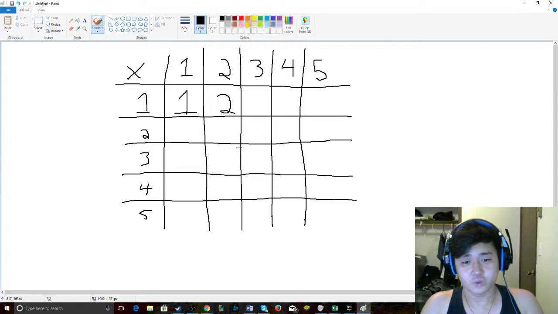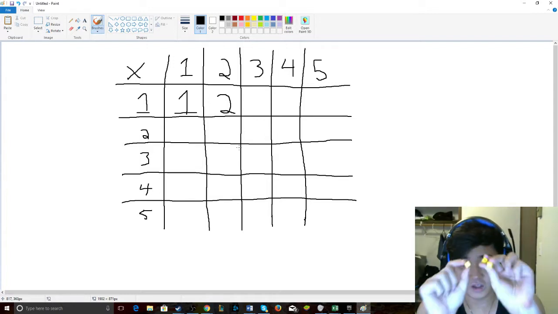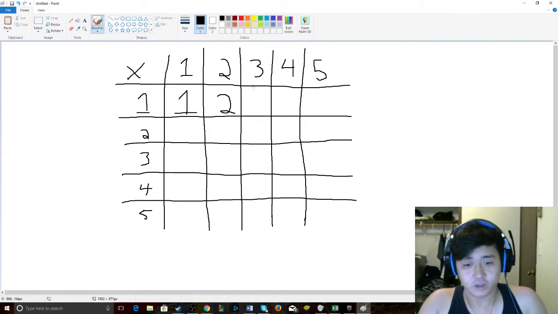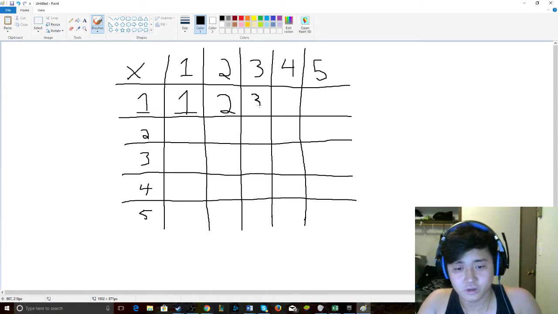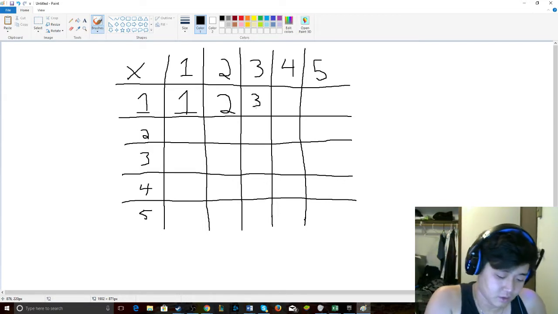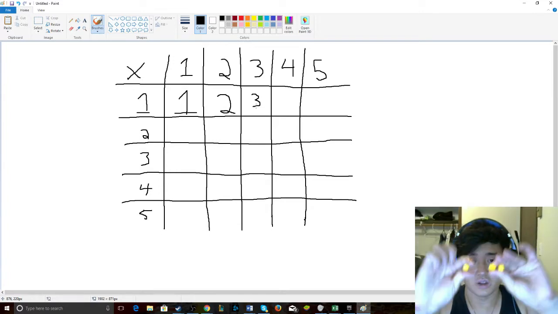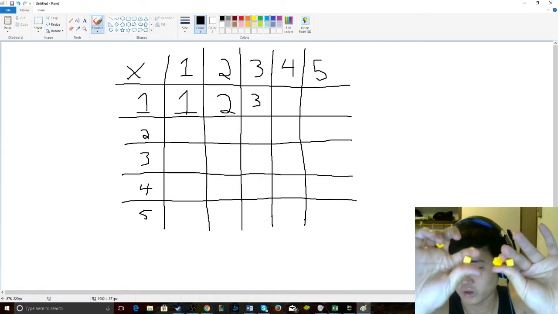Now, 3 times 1 would be 3 blocks of 1. And 3 blocks of 1 would be 1 plus 1 plus 1, which equals 3. 4 blocks of 1 would be 1, 2, 3, 4.